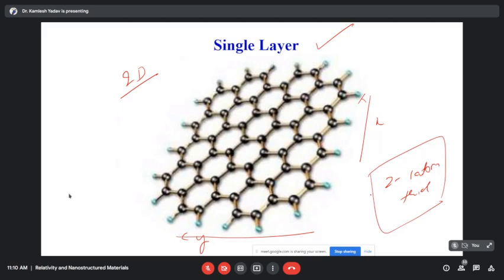What I am saying is that there are only two dimensions, and in the third dimension there is very small thickness. That is why we call it a 2D material: X and Y, two dimensions only. Along the Z dimension there is no thickness or very small thickness, one atom thick. That is why we can say this is a two-dimensional material.